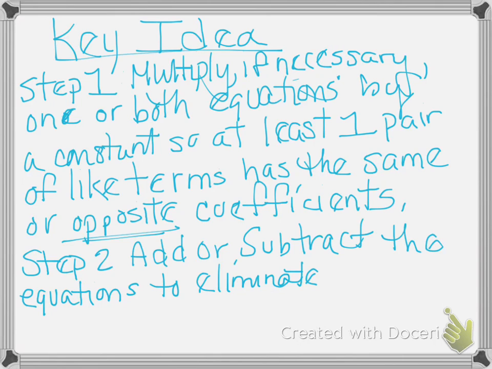So we want to add or subtract the equations to eliminate one of the variables.